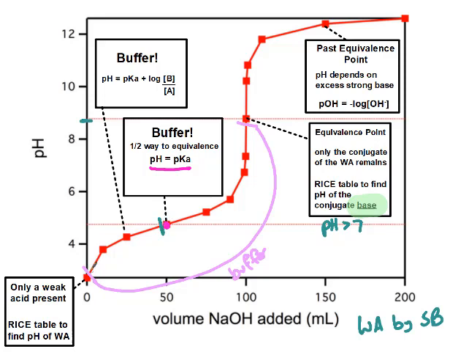Well, any point between where you started to right before that, pH will be less than pKa because we have more of the acid than the conjugate base. And then from right after the halfway to equivalence point to right before the equivalence point, your pH is going to be greater than your pKa because you have more of the conjugate base than the acid.